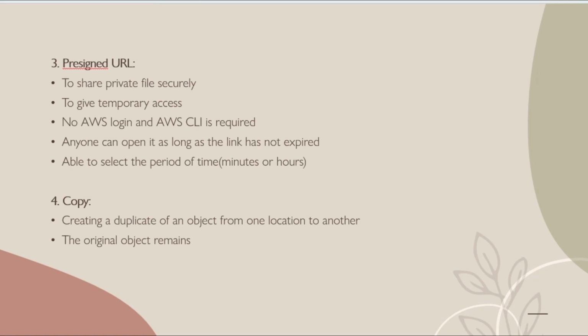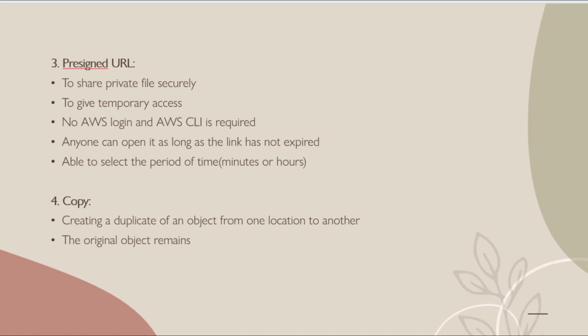So if you want to share files very securely, we can use the pre-signed URL to give them temporary access for 10 minutes or 1 hour, etc. And it will also allow the clients to interact with the S3 bucket more safely.